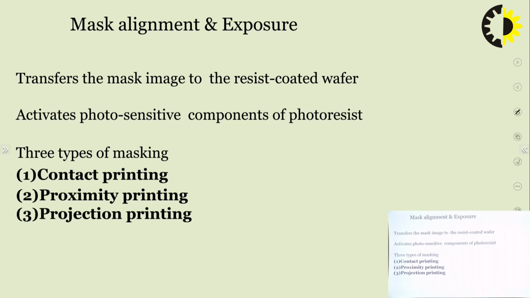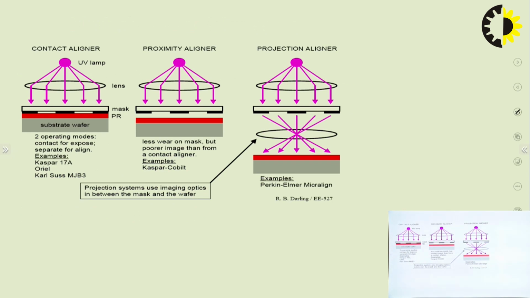We have three types of masking: the contact printing, proximity printing, and the projection printing. The figures of all the three types of printing are shown here in this figure.